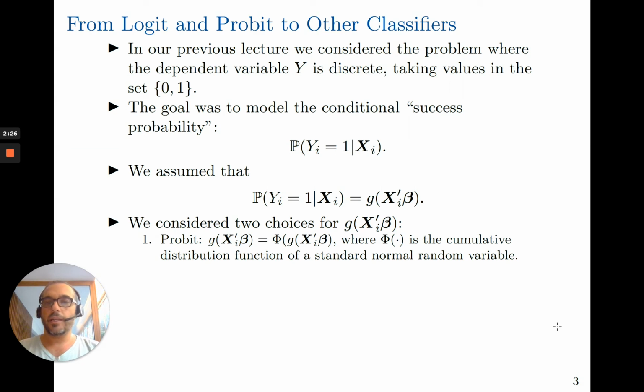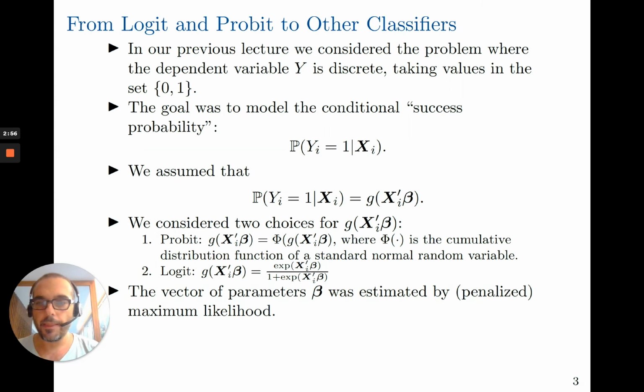The first one is the probit model, where g is the cumulative distribution function of the normal random variable, one of the most common choices for the function g. The other possibility is to take the logit CDF, which is expressed by a ratio of exponentials.